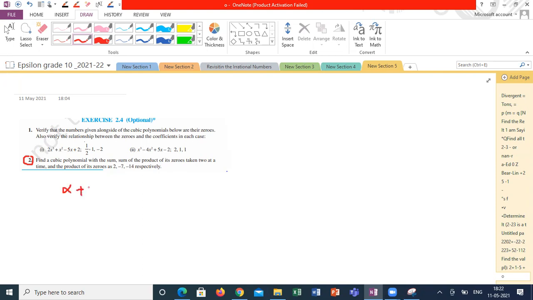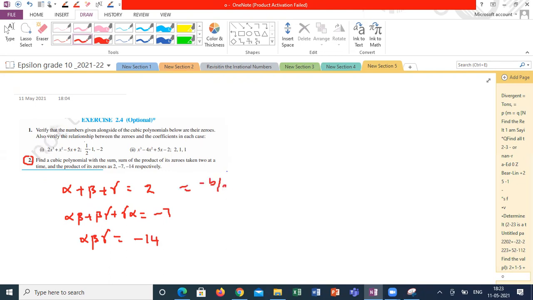That means alpha plus beta plus gamma is equal to 2, alpha beta plus beta gamma plus gamma alpha is equal to minus 7, and alpha beta gamma is equal to minus 14. He is asking us to find the cubic polynomial. Who is going to give the cubic polynomial quickly?